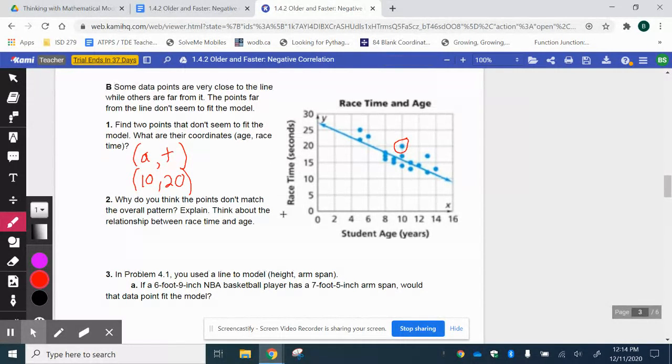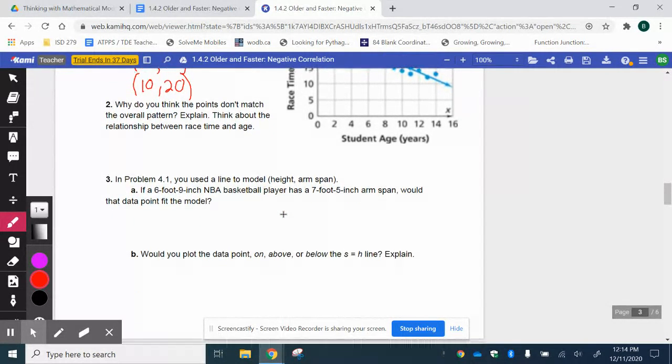And the last question in section B, in problem 4.1, you used a line to model height and arm span. A, if a 6-foot 9-inch basketball player has a 7-foot 5-inch arm span, would that data point fit the model?